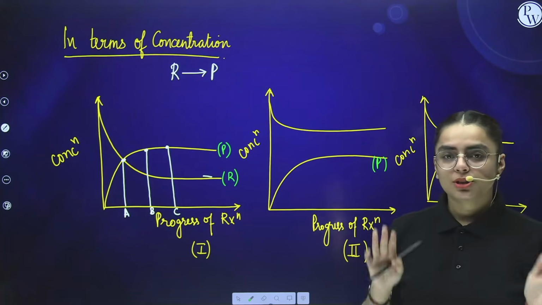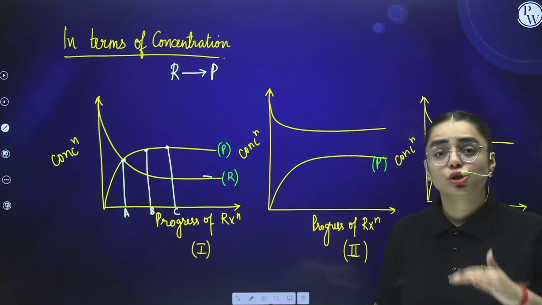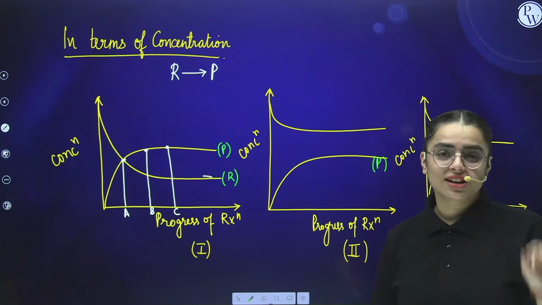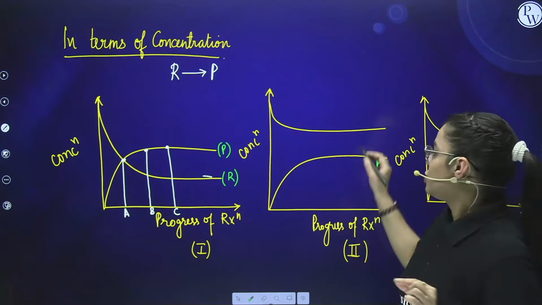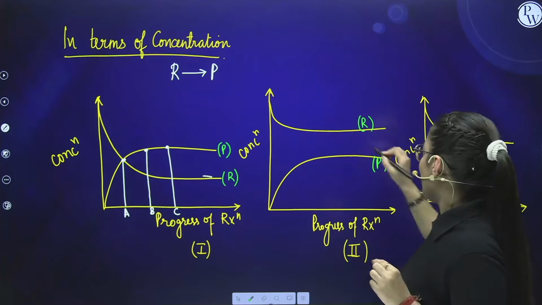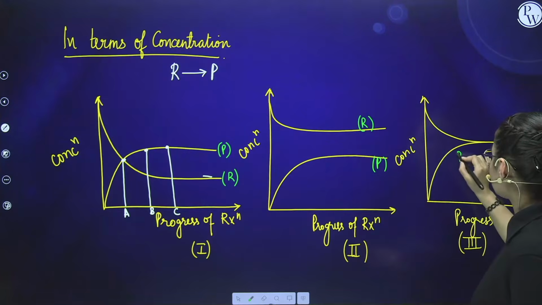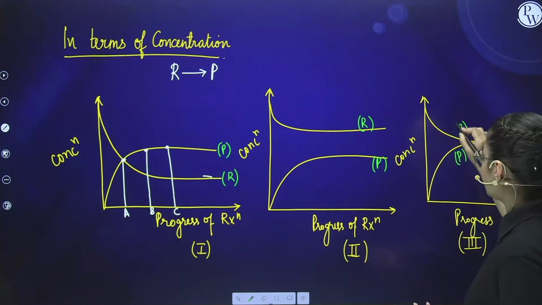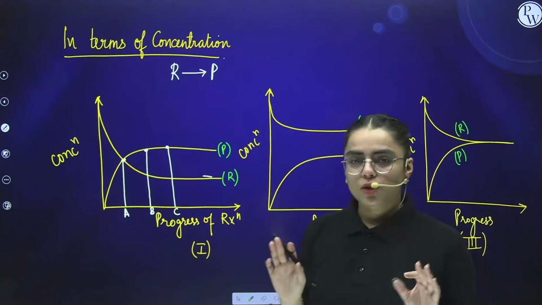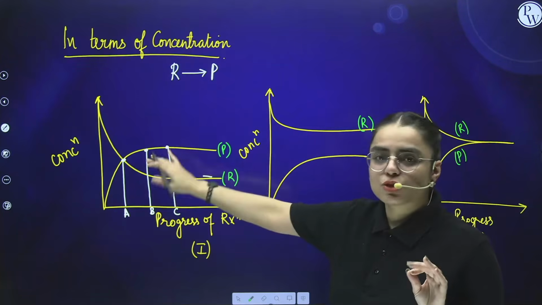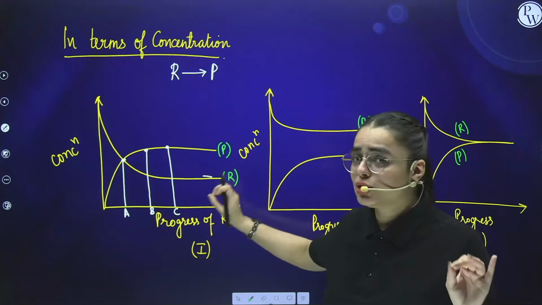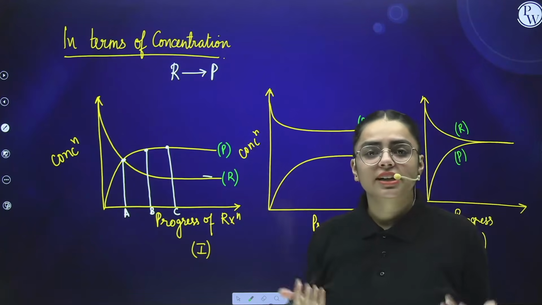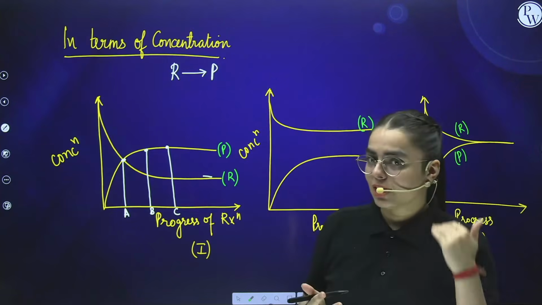We are talking about a reaction in which reactants are being converted into product. That means the concentration of reactant decreases in order to form product. So this is the line again for reactant. And similarly, in this case, this is for product, this is for reactant. Now you have seen what you have taken on the y-axis and what you have taken on the x-axis. Other than this, the lines which we are getting in the graph are of reactant and of product.